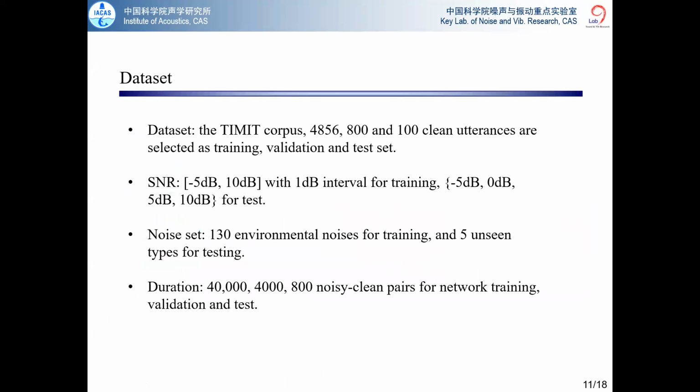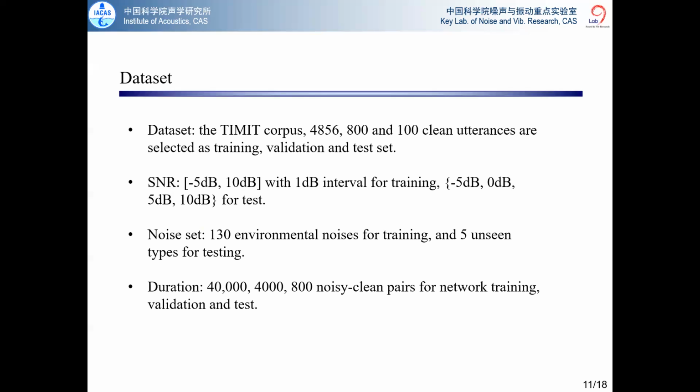Let's move to the experiment part. In this study, we used the TIMIT corpus, and 4,856, 800, and 100 clean utterances are selected as the training, validation, and test sets. Signal-to-noise ratios from -5 dB to 10 dB with 1 dB interval are used for training, and 4 signal-to-noise ratio conditions are set for test, namely -5 dB, 0, 5, and 10 dB.